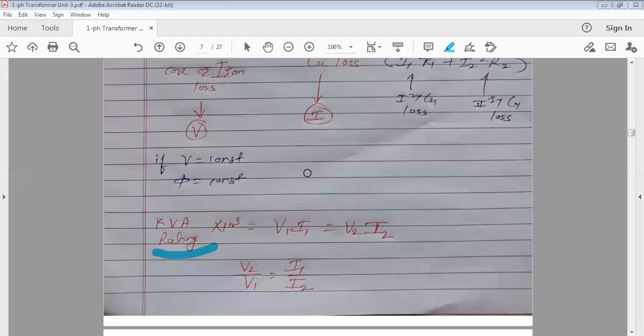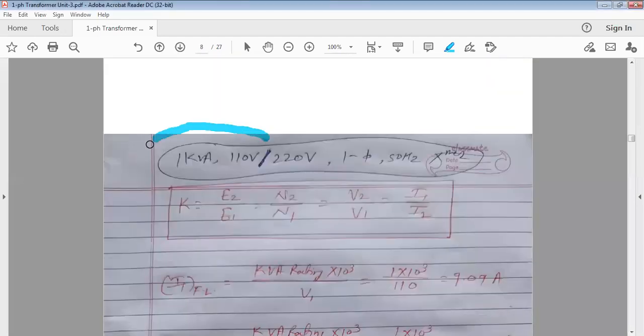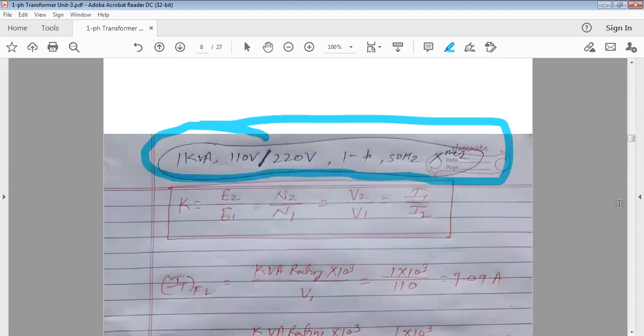Here also I have written the specification of the transformer. If you see a transformer, it is not open, it is covered with an outer metallic box, an outer metallic tank, and on that outer metallic tank you can find one rectangular nameplate. On this nameplate you can find specifications like this.